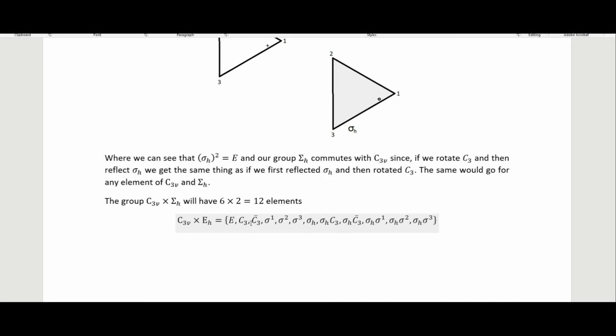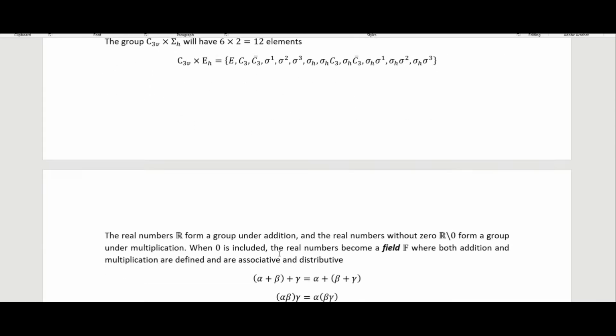It'll have here first just the elements of our C3V group, and then we have just the sigma sub h here, and then the sigma sub h combined with all of the other elements of our group here, since if you combine those, it will give you something different than if you just do one or the other. They can be combined into a separate symmetry operation. So we now have this 12 element group here.